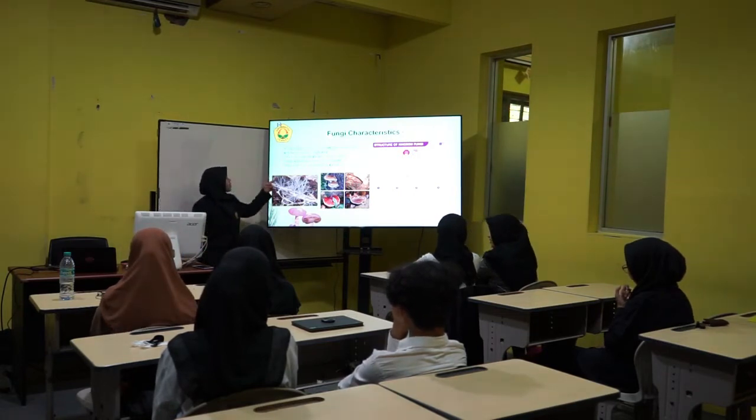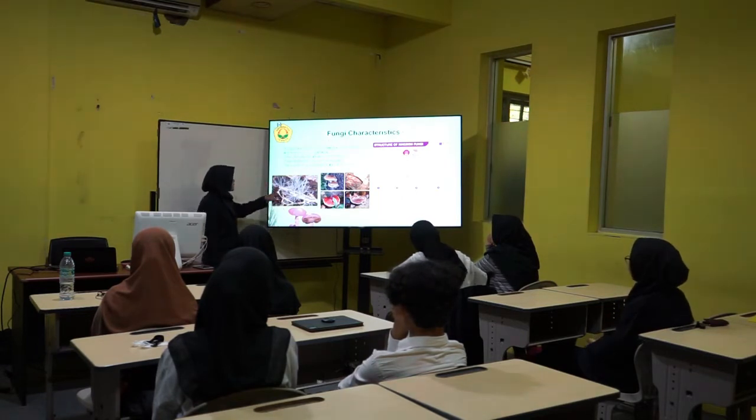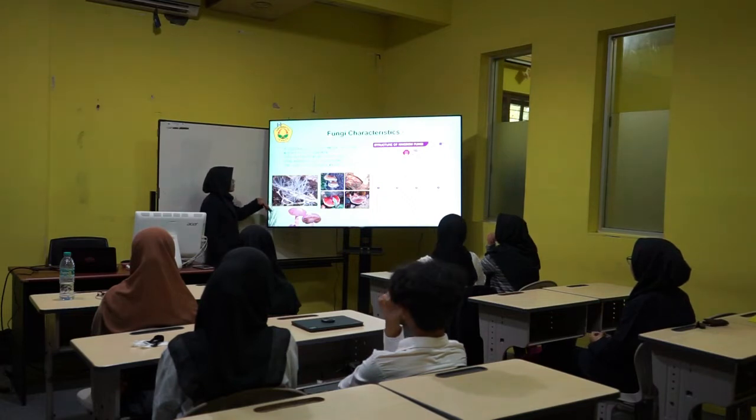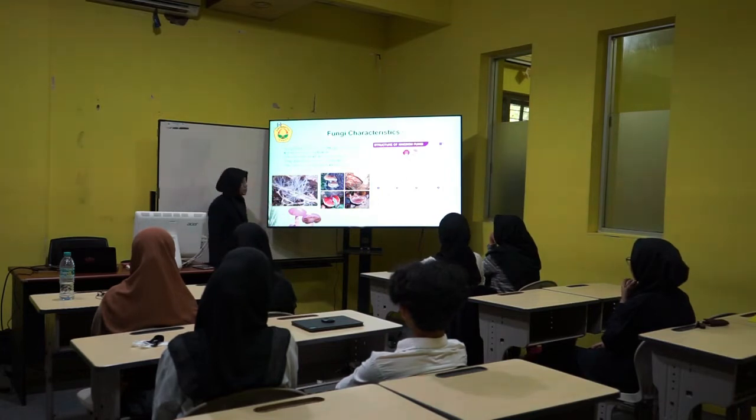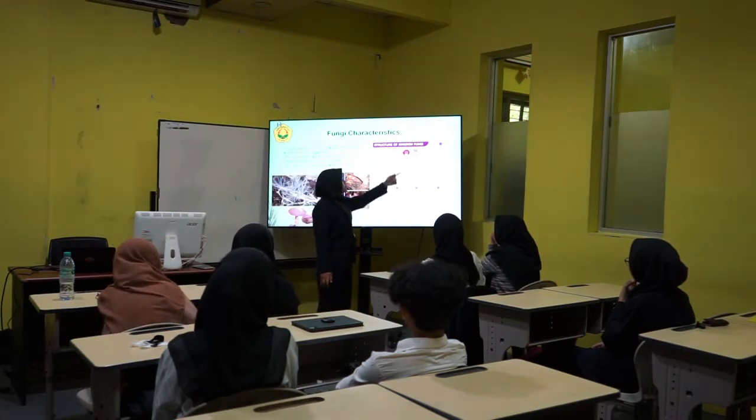Because fungi don't have vascular tissues, they are classified into their own kingdom, different from the plant kingdom, and they may be unicellular or filamentous. As you can see in the picture, filamentous means the body structure of the fungi consists of filaments, and they reproduce by means of spores. The number 2 is spores.